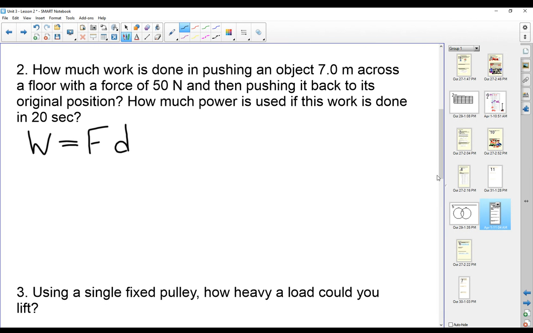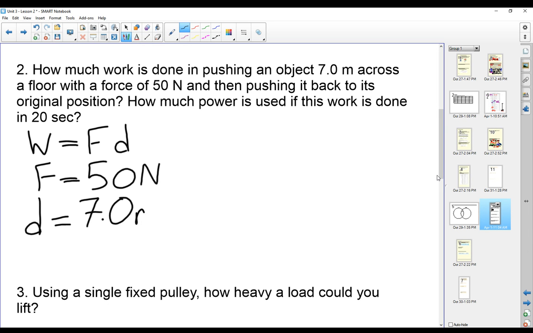So let's write out our variables here: our force is 50 newtons, and our distance is 7 meters. But be careful, is my distance just 7 meters?